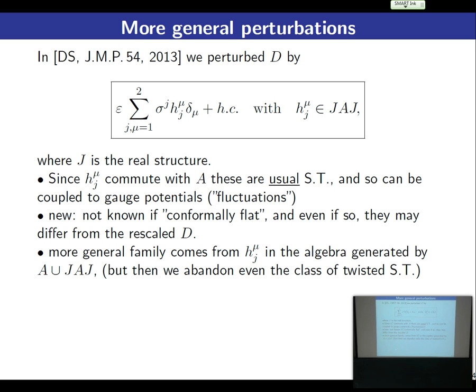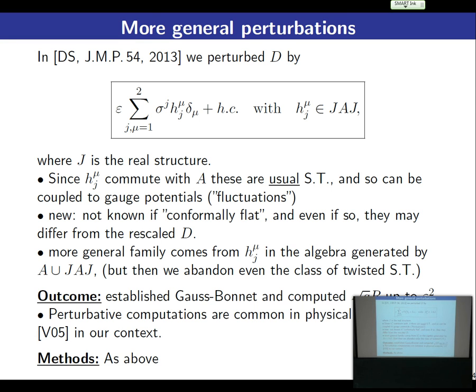So, a completely new world. The outcome of this was, again, that Gauss-Bonnet is very robust. It works also in this case, but we computed it only perturbatively, up to order 2 in the small, formal perturbation in the coefficient epsilon, okay?